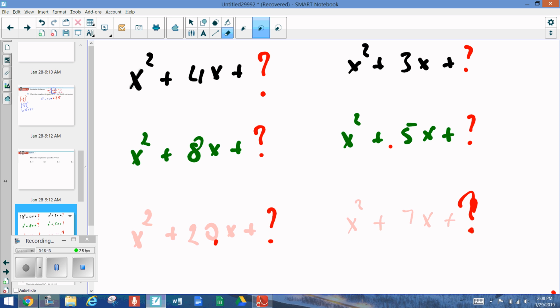Now solve this one real quick. We're doing mental math now. The first one, what is the question mark? Oscar is answering this. The first one up on top here. What makes this one a perfect square trinomial? Complete the square.